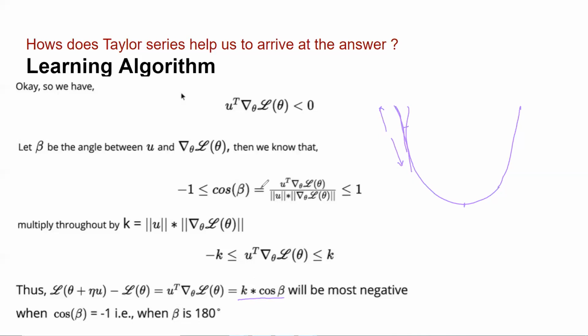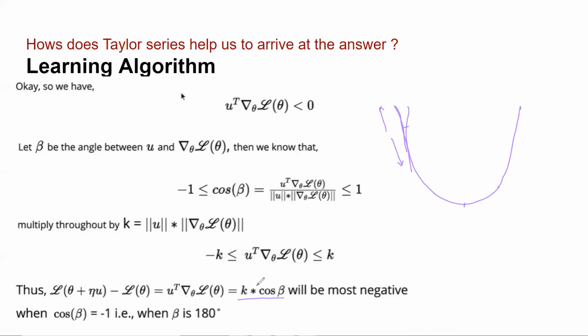No, the confusion is not with k, k is clear to me. The last line where you've given this equation, that is also clear. But then you're further saying that is nothing but k multiplied by cos beta. Why are we doing that? That is not clear.